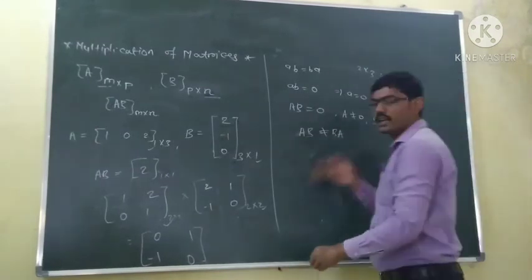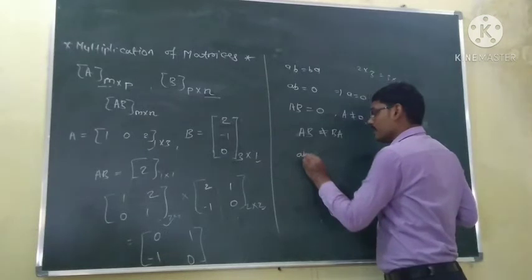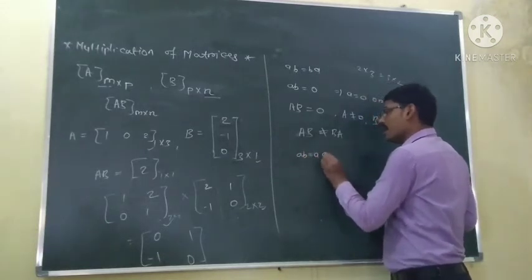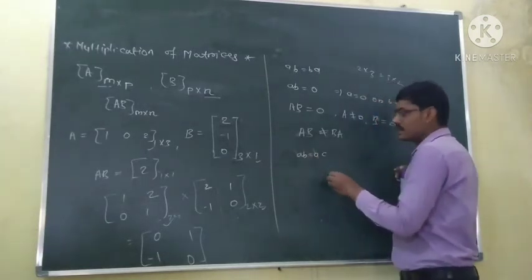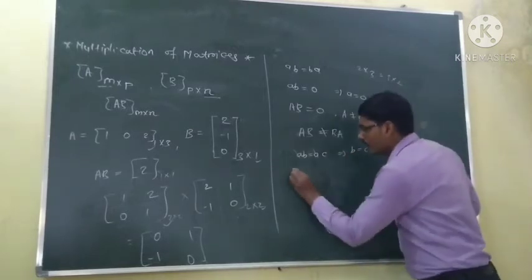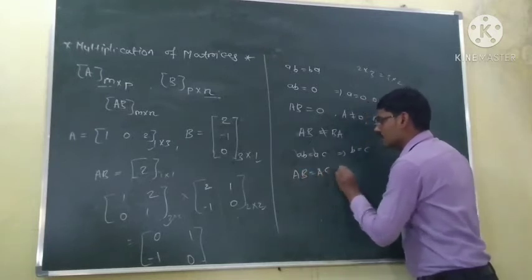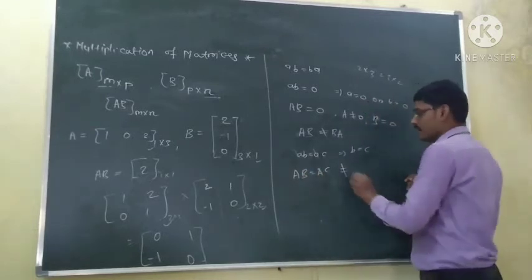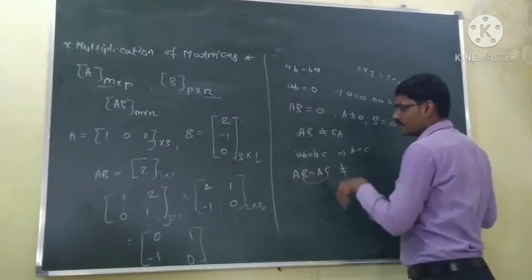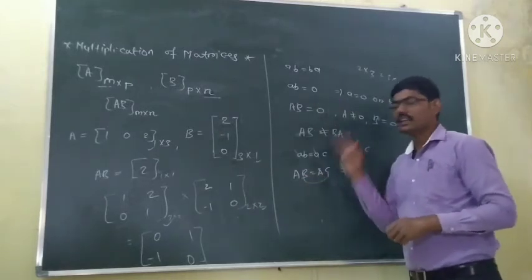Again, in real numbers we know that if A into B is equal to A into C, then A and A get cancelled, so this implies B is equal to C. But in matrices, we can find matrices so that if A into B is equal to A into C, this does not imply that B and C are the same. This is not the case in matrices. We will see this interesting thing.